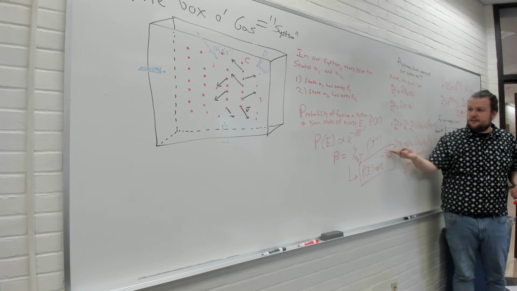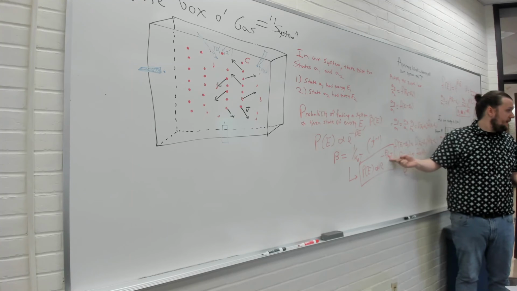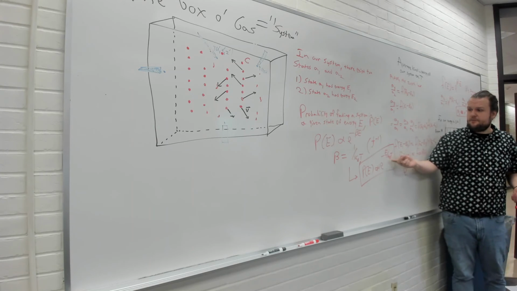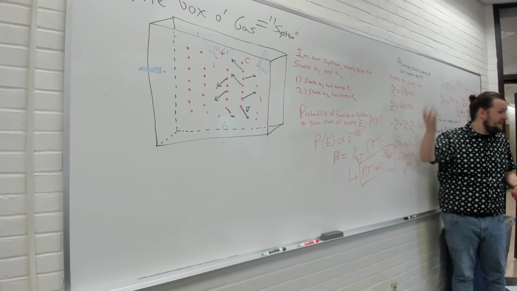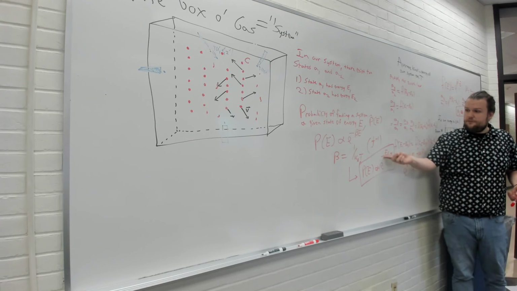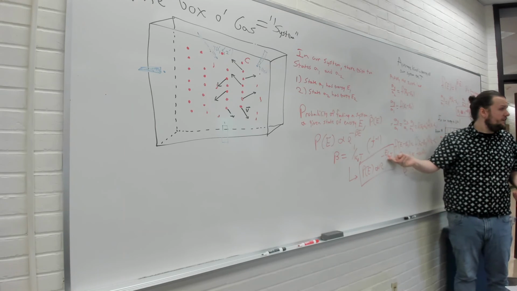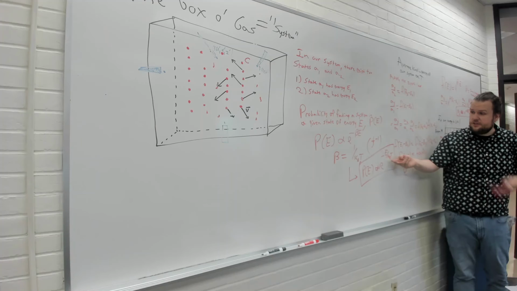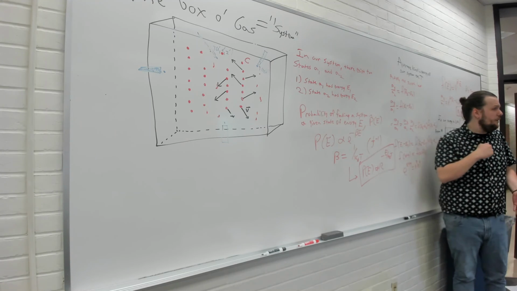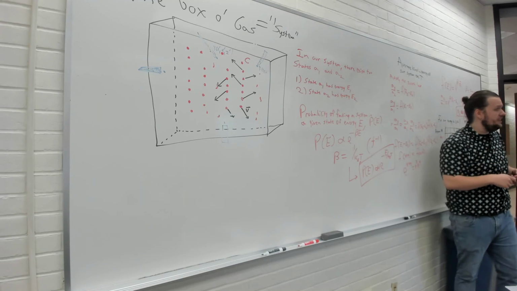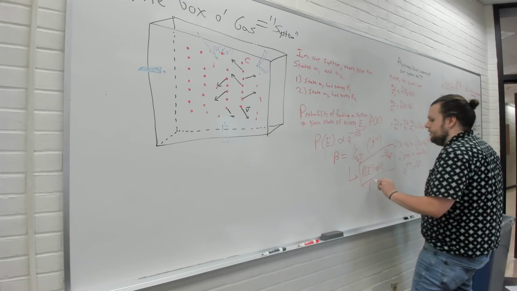So as energy increases, fixing temperature, the probability goes down. But if you fix the energy and increase the temperature, the probability goes up because there is more thermal energy available to the system, so the system is more likely to be found at some energy E. All right, this is called the Boltzmann distribution.